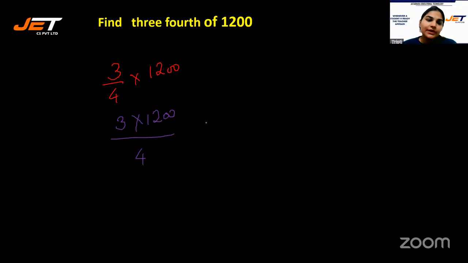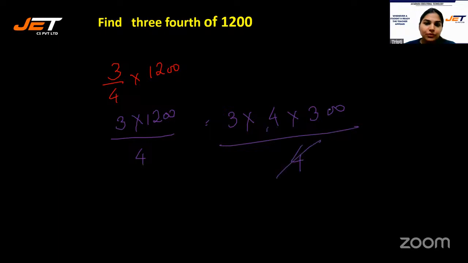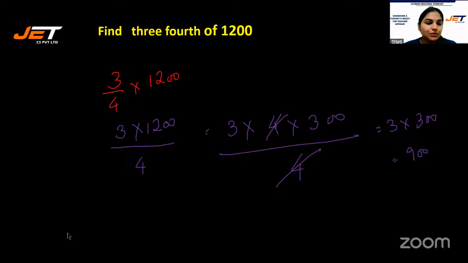So here it is 3 times 4 times 300, because 1200 is written as 4 times 300. In the denominator it's 4. 4 cancel. 3 times 300, which is equal to 900. That's how you have to do it.